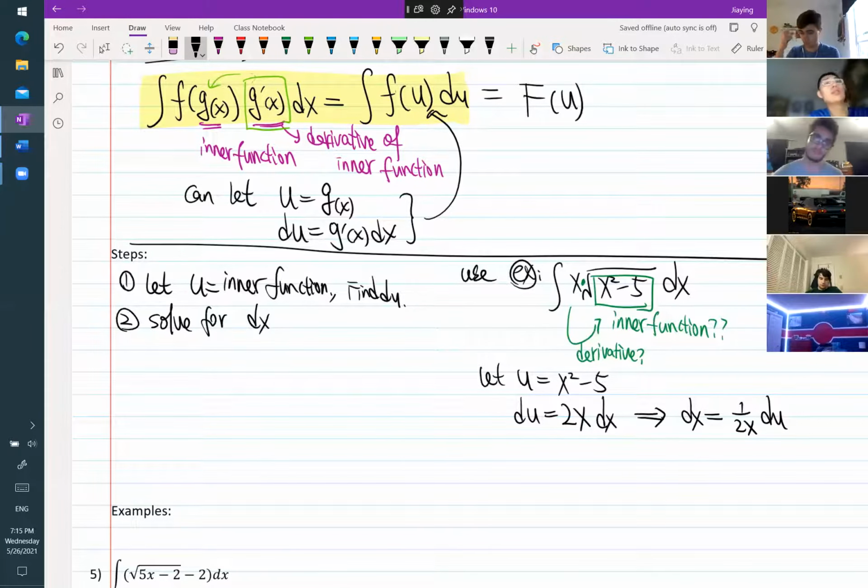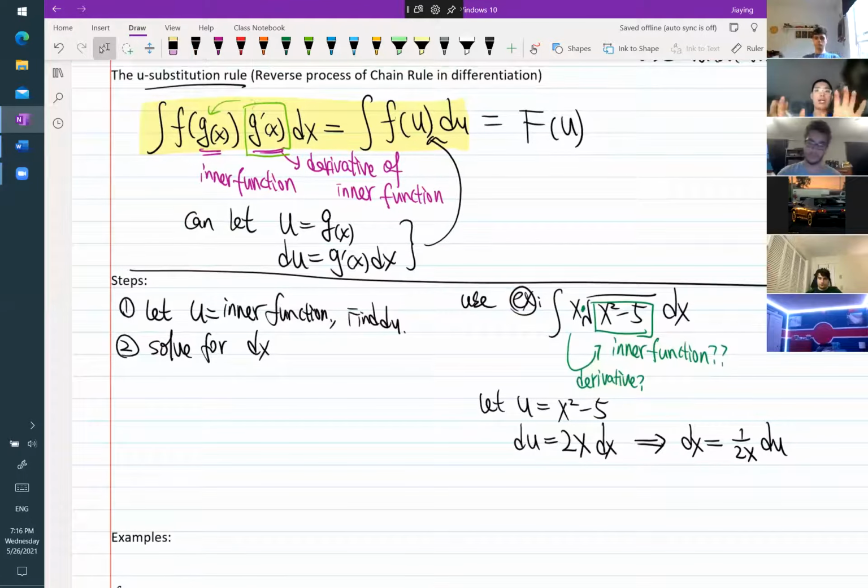How do we know when to use the u substitution? That's a great question. Generally speaking, I just look at the function given. If I see a product, one term and another term multiplied together, and one of the terms seems to be the derivative of some sort of inner function of the other part, that's the indication to use substitution.